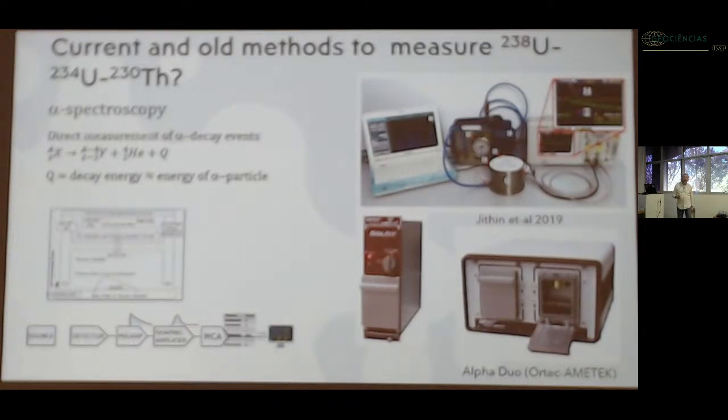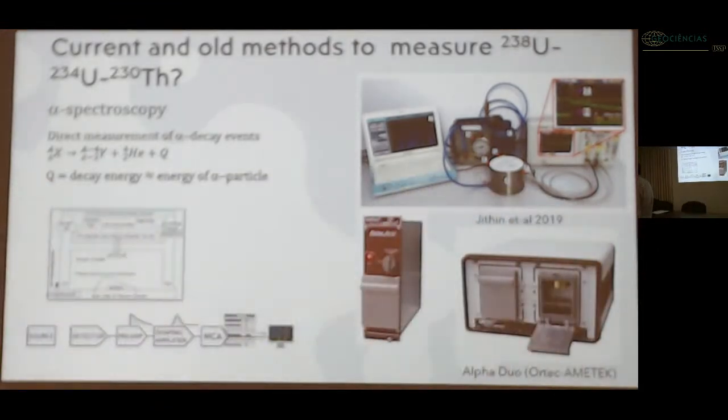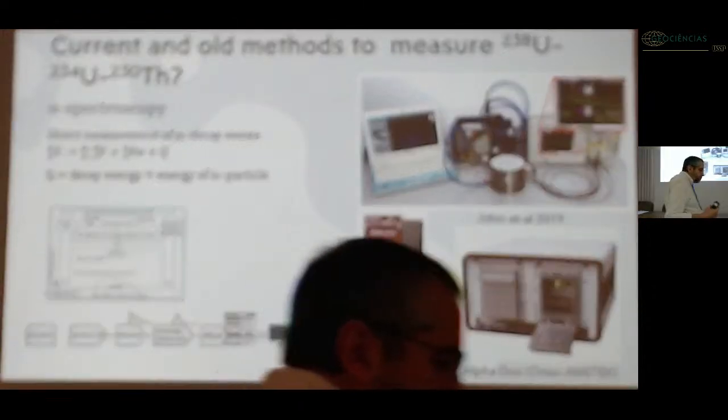Historically, it was measured by what are called counting methods, alpha spectroscopy. Kathleen gave you a little introduction. It's a method that counts the alpha decay events of uranium-238, uranium-234, and thorium-230.